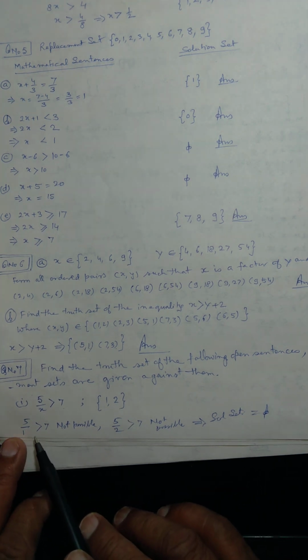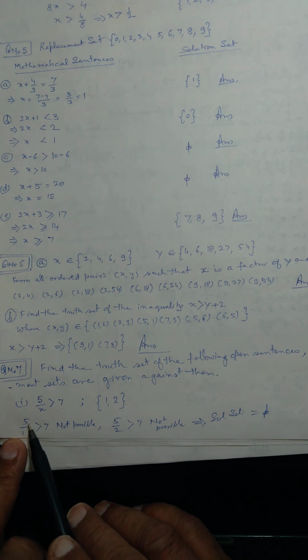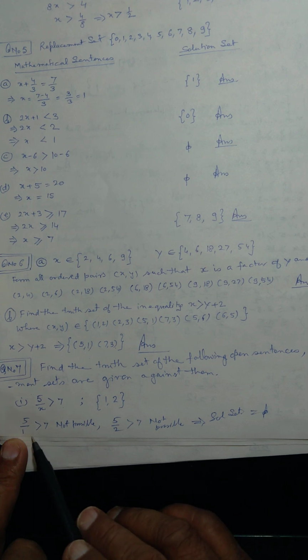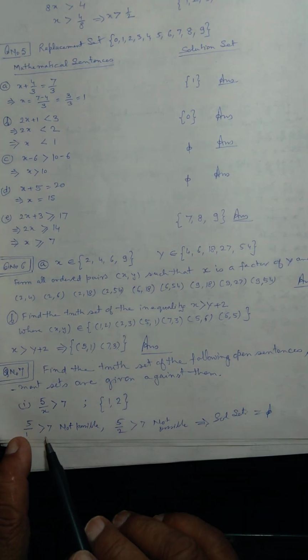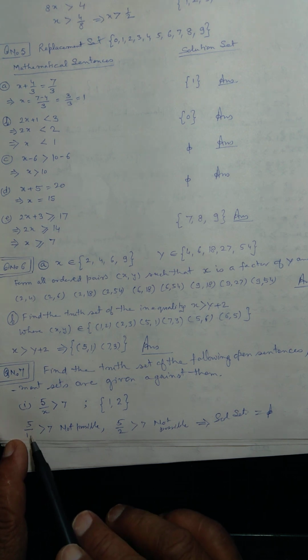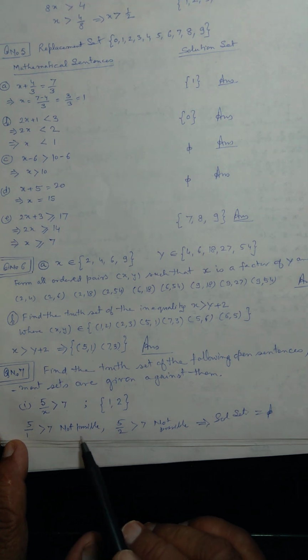So 5 by 1 means, from here you take 5 by 1, and it should be greater than 7. Is it possible? You see now here 5 by 1 is not greater than 7, so not possible.